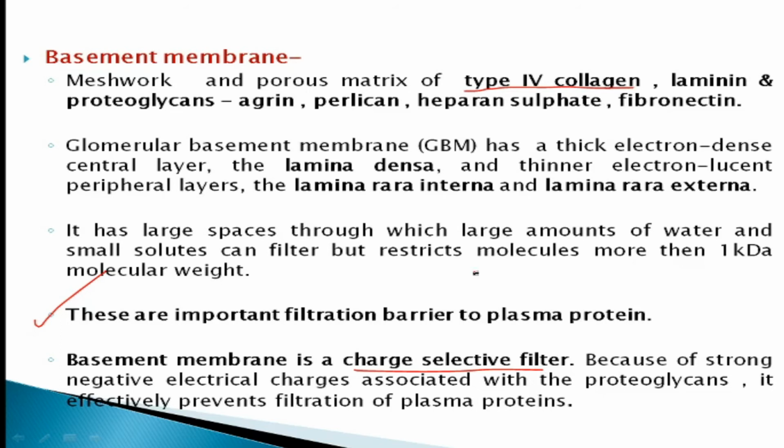It is referred to as a charge selective filter, and as it is negatively charged because of type 4 collagen and proteoglycans, these will repel any kind of anionic protein which manages to escape the capillary endothelial pores. So at the first level, the proteins are stopped by the endothelium of the glomerular capillary, and if they manage to pass across the glomerular endothelium, they are stopped by the basement membrane.